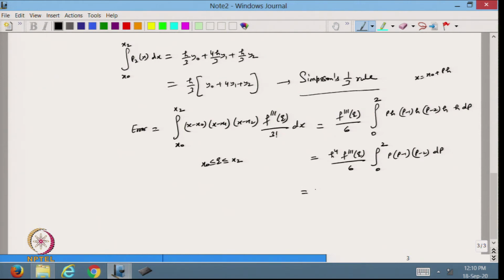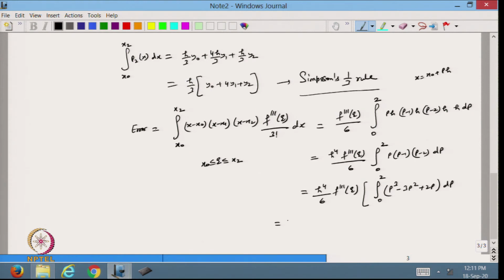Then, to simplify, this is p cube minus 3p square plus 2p.